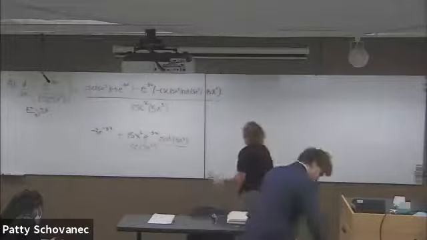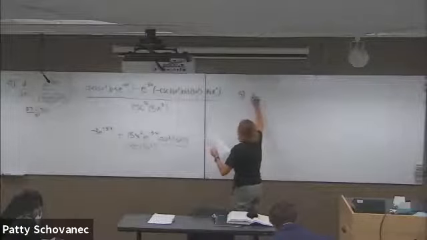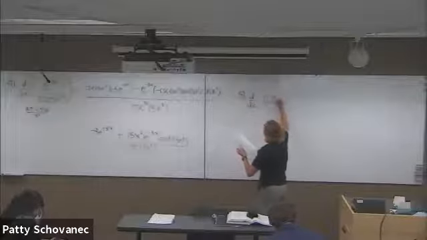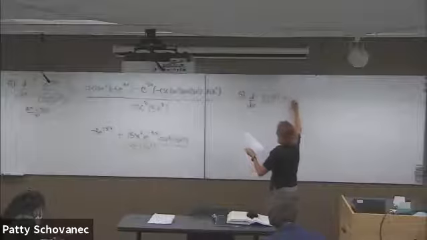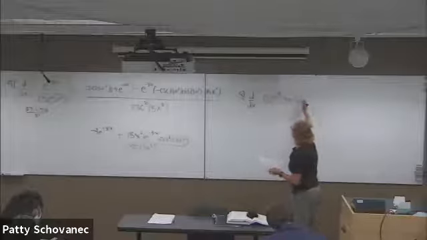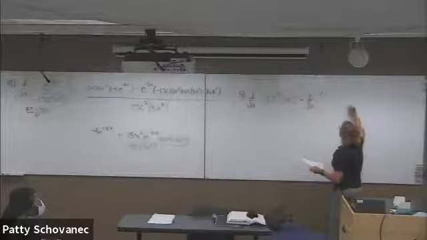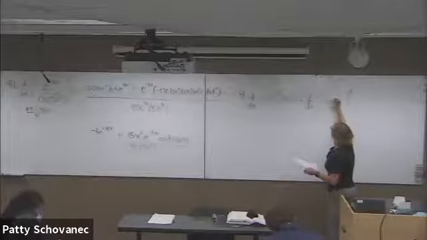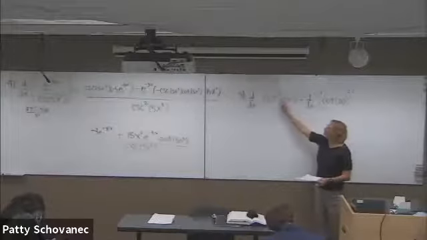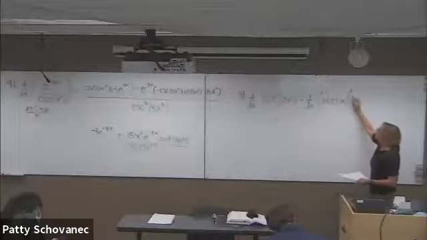All right, number 5. Take the derivative with respect to x of the cotangent squared of 7x. So I need you to read this as if it were u squared. This squared is the outside rule. It's way up here.